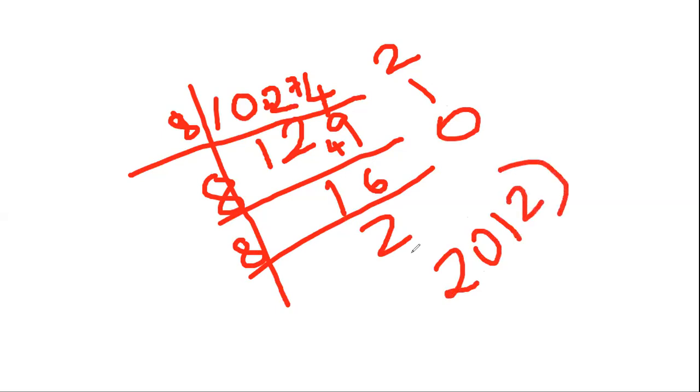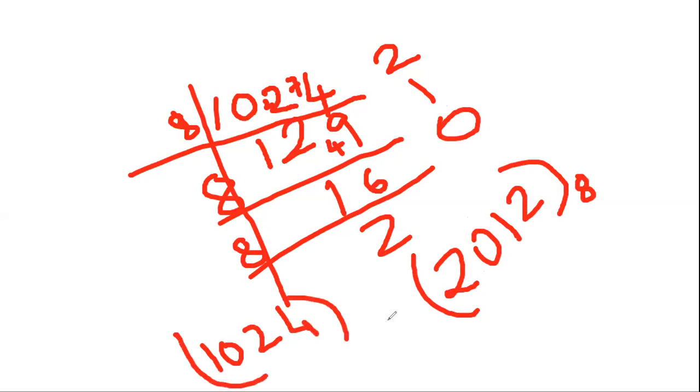Don't forget to put the base. So 1024 in decimal will give us 2012 in octal. Yes? Have we understood this?